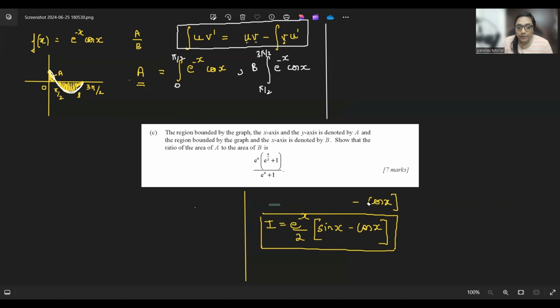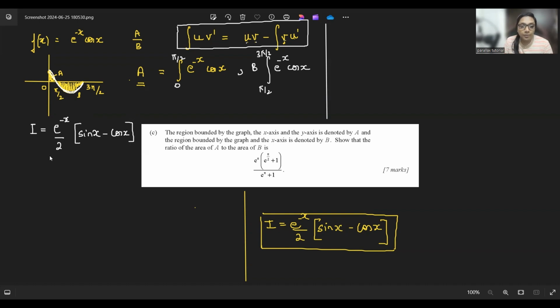And we have our value of I over here. Let's write it down over here. I'll use a different color so that we know that this is the integral which we are talking about. It is sine x minus cos x.